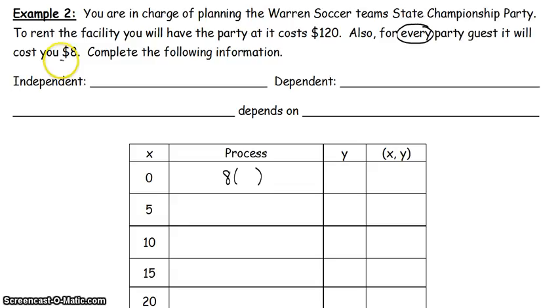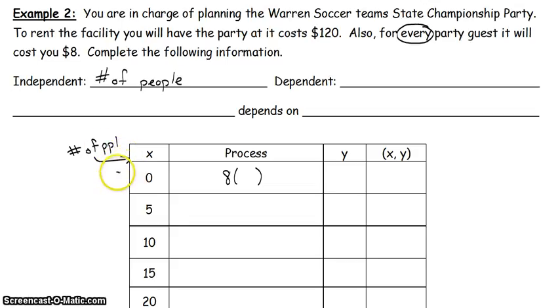In order to know how much we're going to have to pay, we would have to input the number of people at this party. That's your X variable, number of people, your input or your independent variable.